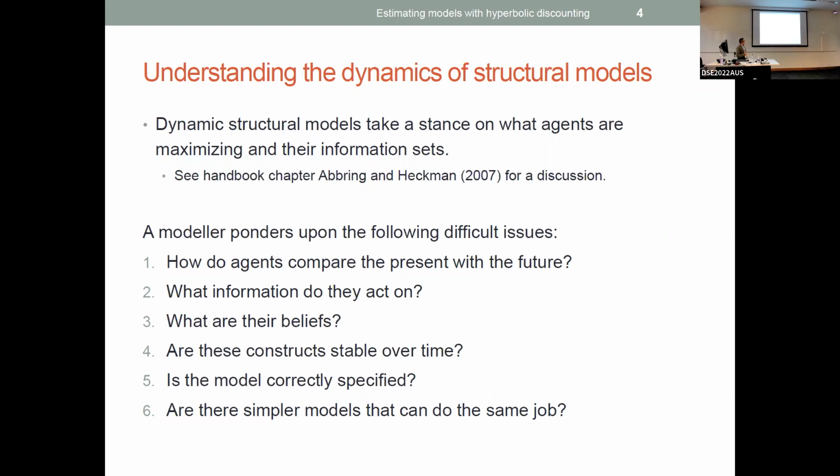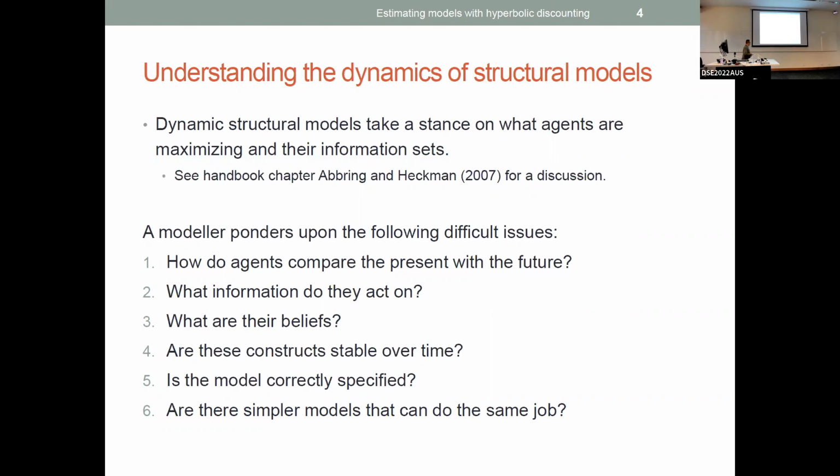A modeler ponders upon the following difficult issues. And I don't think a thorough solution has been developed yet for each of these issues, let alone a combination of these issues. So how do agents compare the present with the future? What information do they act on? What are their beliefs? Are these constructs stable over time? Is the model correctly specified?